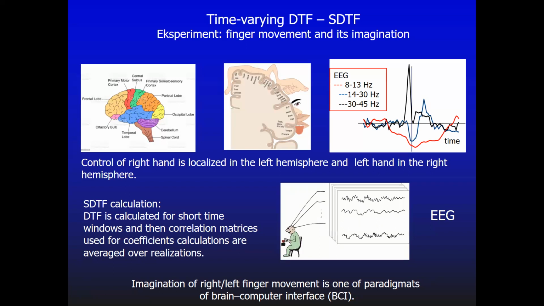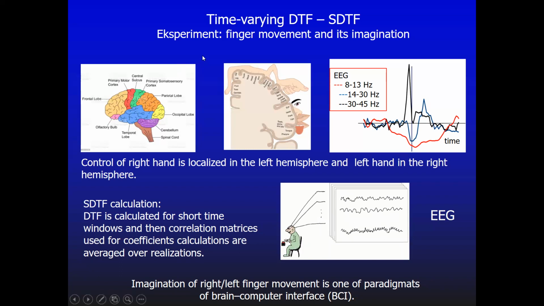lot of explanation. So you are right, because of course, if we measure from the scalp, this information is very much blurred because the electric signals are damped by the skull, by the skin, also by some fluids which are between the brain, and so they are damped.